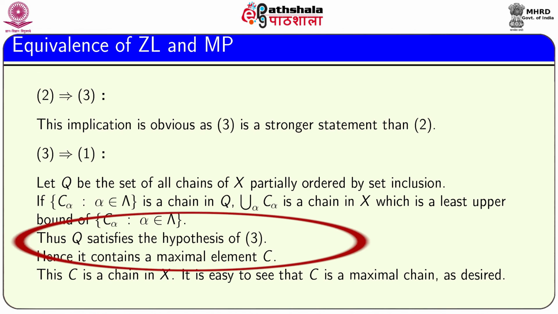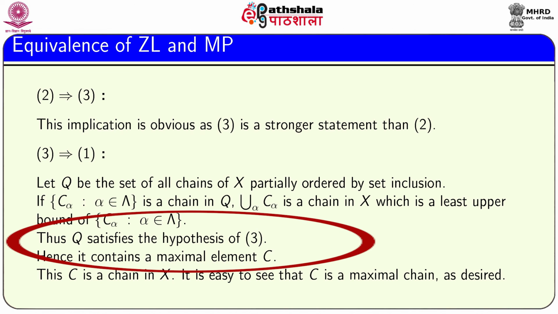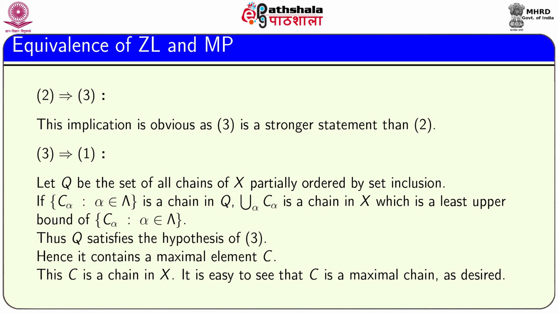Thus, Q satisfies the hypothesis of 3. Hence, it contains a maximal element, call that maximal element capital C. This C is a chain in capital X. It is easy to see that C is a maximal chain as we are looking for.